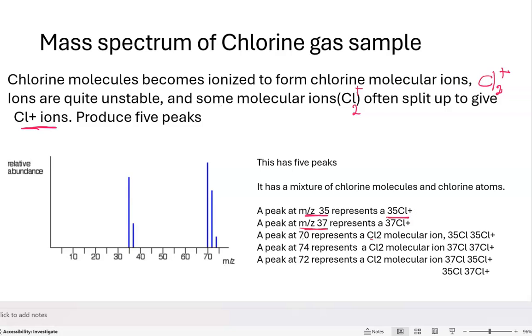At mass to charge ratio 37 represents chlorine 37 isotope plus ion, and the peak at 70 represents the chlorine molecular ion with 2 atoms of chlorine 35 isotopes, and 74 represents the chlorine molecular ion with 2 chlorine 37 isotope atoms, and 72 represents the chlorine molecular ion with a combination of isotopes chlorine 37 and chlorine 35.